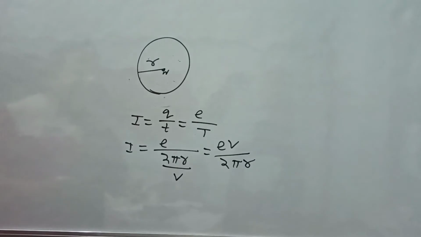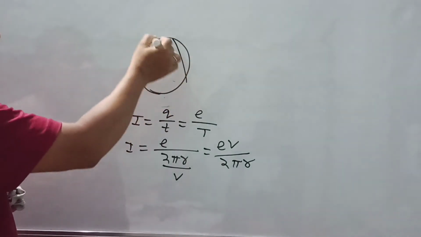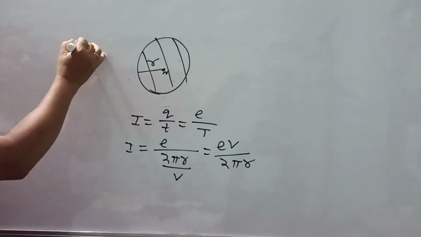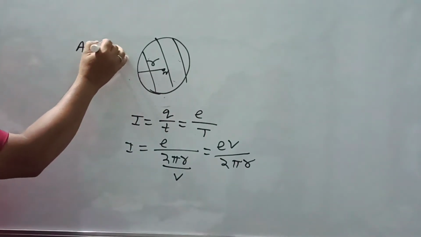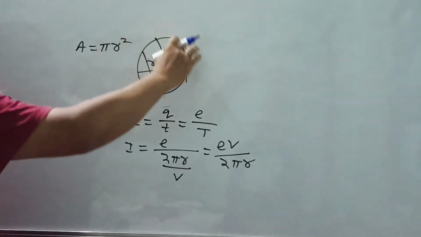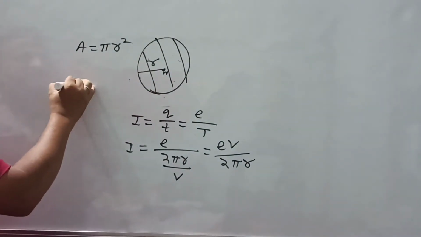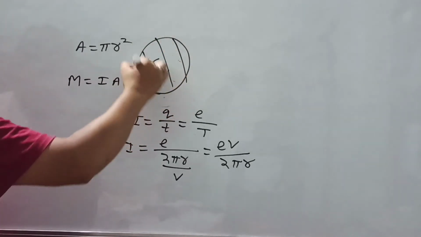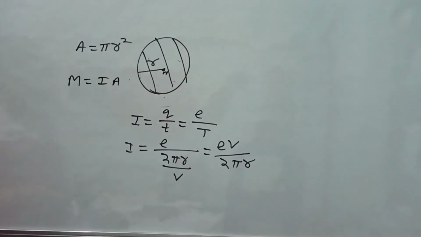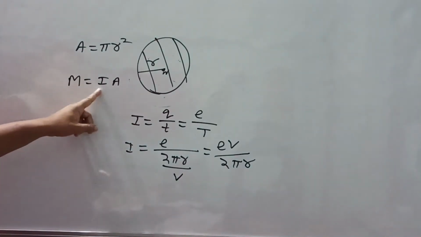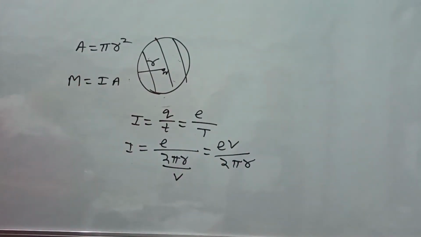You see, students, this has an area part, pi r square. Area is nothing but pi r square. So one can write its dipole moment, that is M, is equal to I into A. Suppose this is just one complete rotation, that's why I take it as one loop. So M is equal to I into A. Now you put the value.